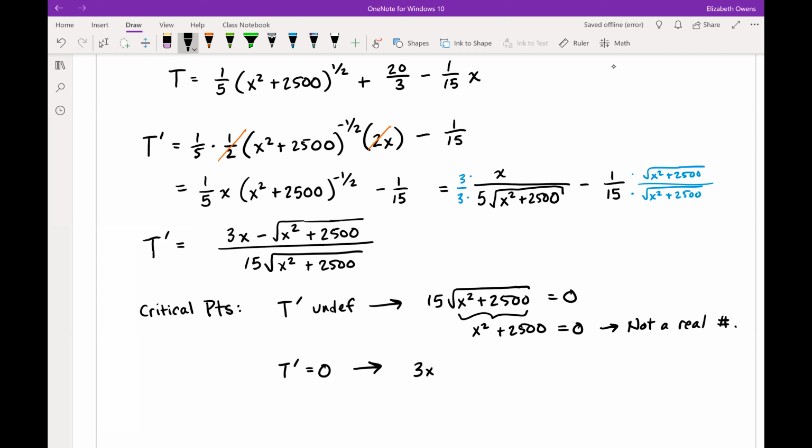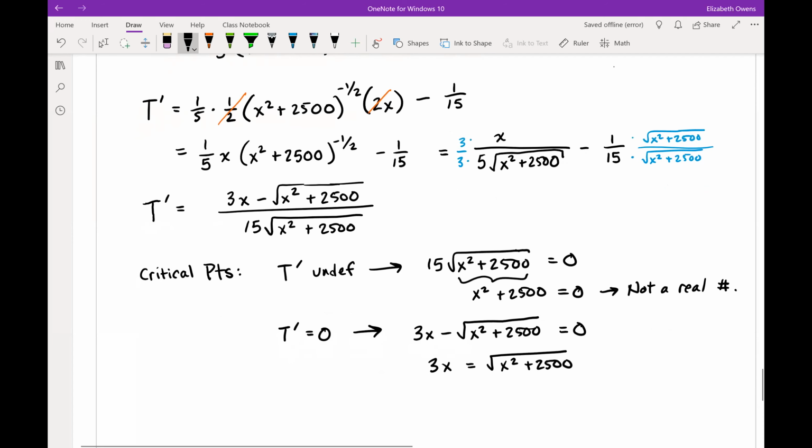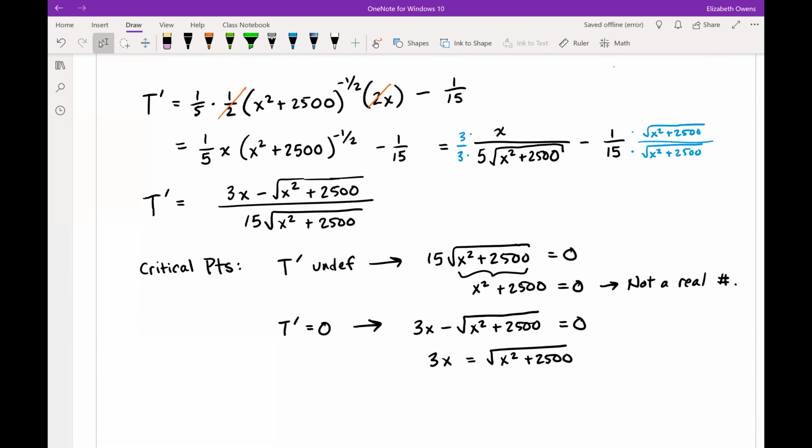So that'd be 3x minus square root x squared plus 2500 equals 0. And let's add that square root to the other side so that we can square both sides of this equation. So square that, square that.